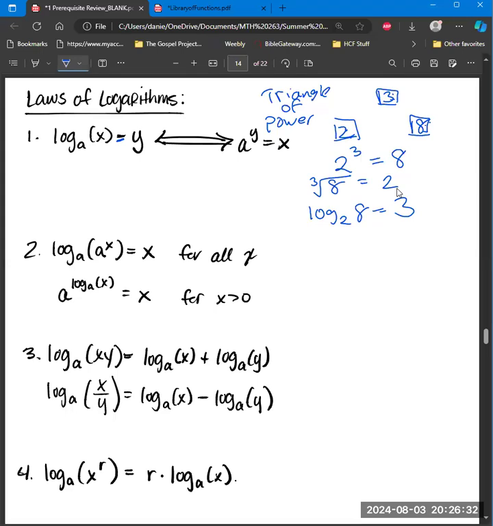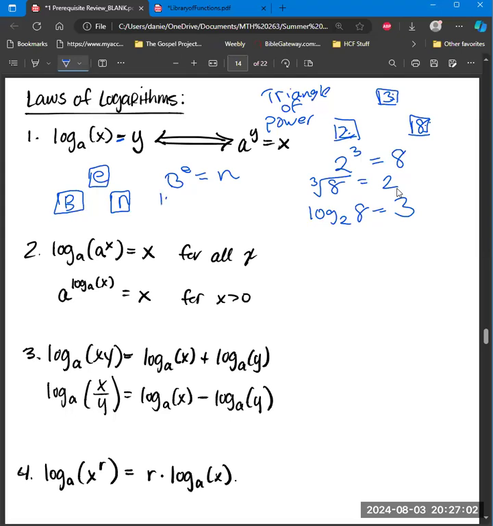So if we have our base here, and we have our power here, and we have our answer here, let's call this E. Some people call it Ben, B-E-N. So we have our base to our exponent is equal to n, like that.